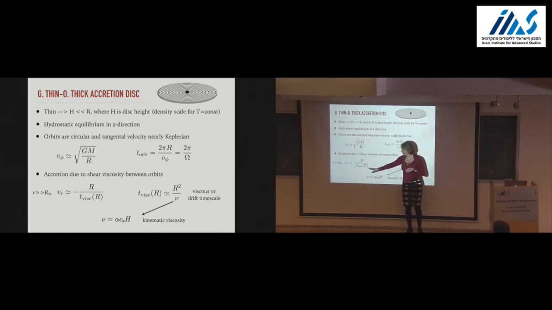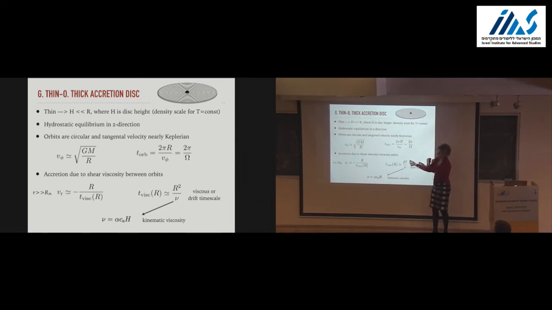So this is called shear viscosity, and the net result, if you look at an annulus, for instance, you can see Pringle 1981, the net torque on an annulus is that you have a particle there.